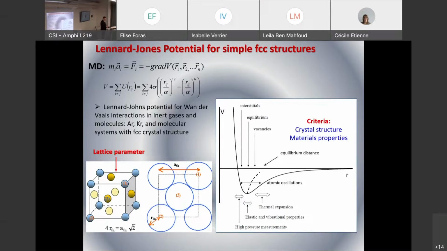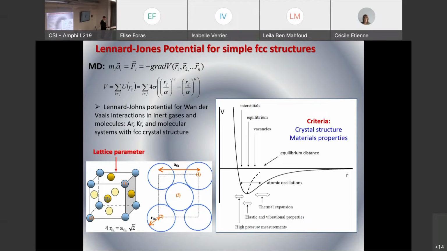The sigma parameter reflects the depth of the interatomic potential well, and the alpha parameter is related to the equilibrium distance for the interatomic positions. This potential is good for representing the dynamics of solid inert gases, van der Waals force calculation, and systems with FCC crystal structures.